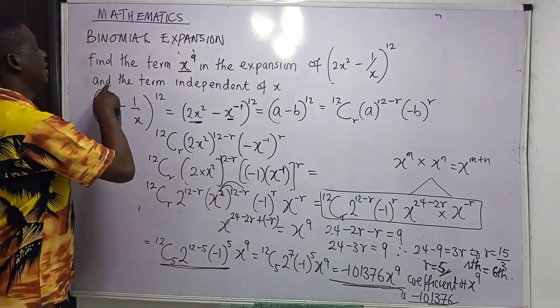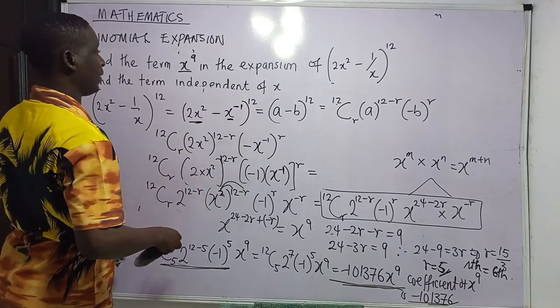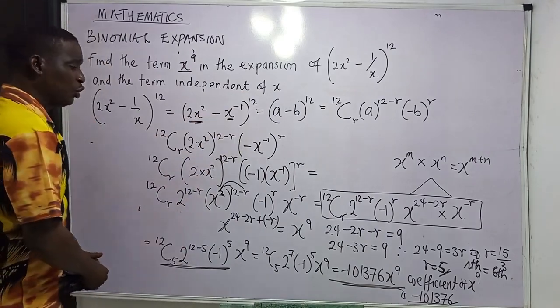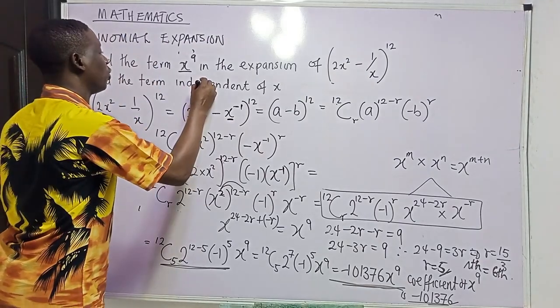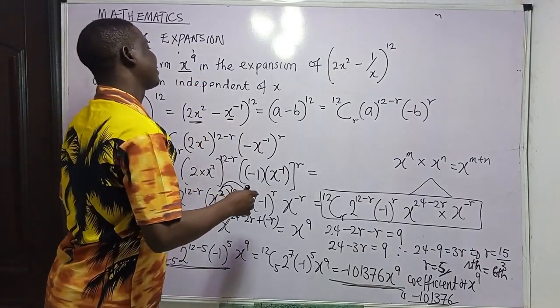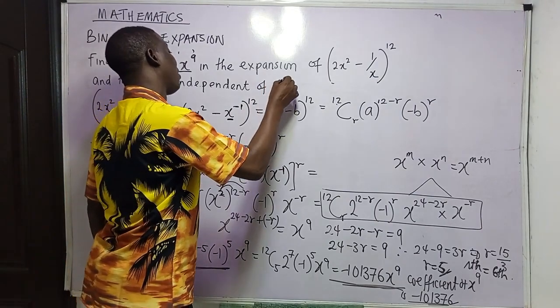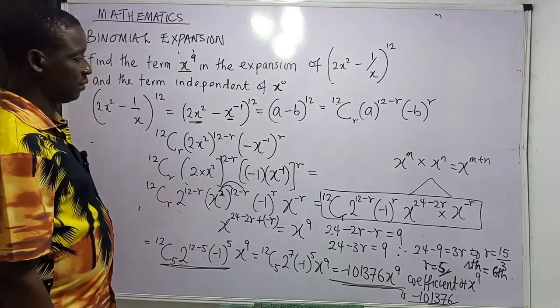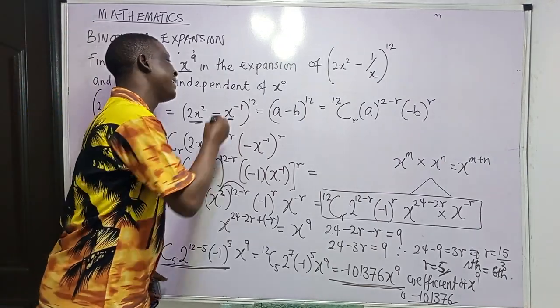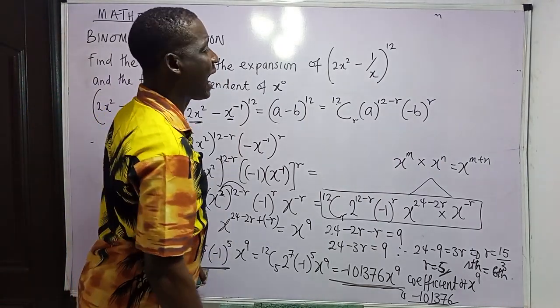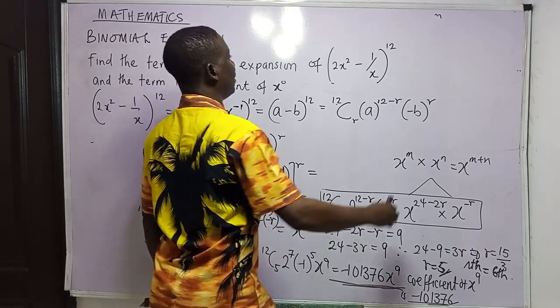This last one says the term independent of x. The term that is independent of x is a term that has x to the power of 0.